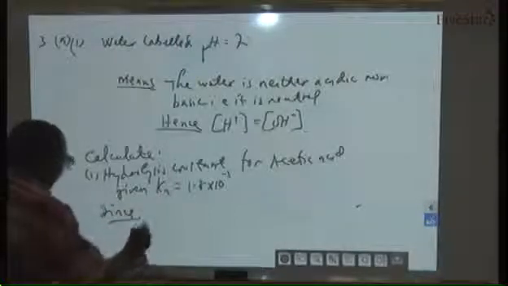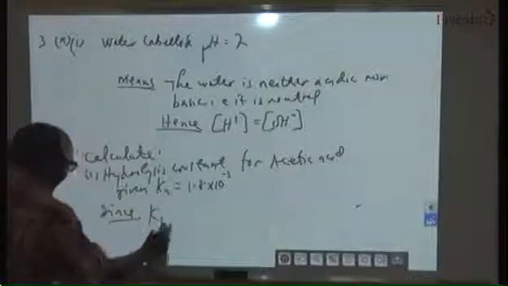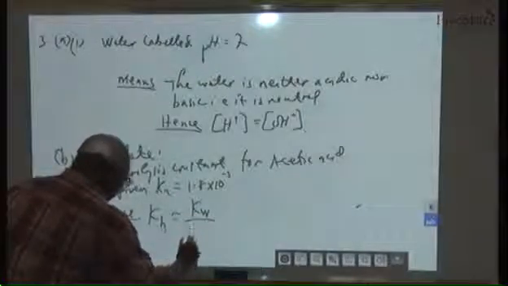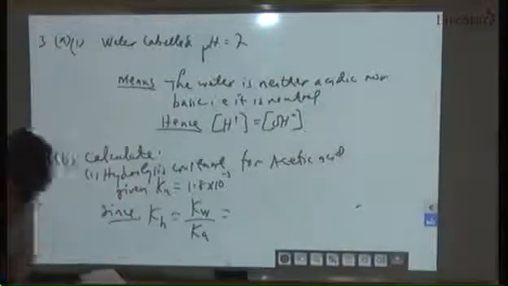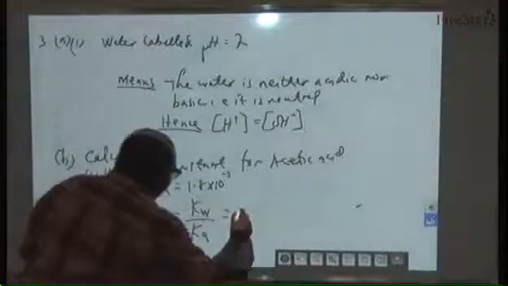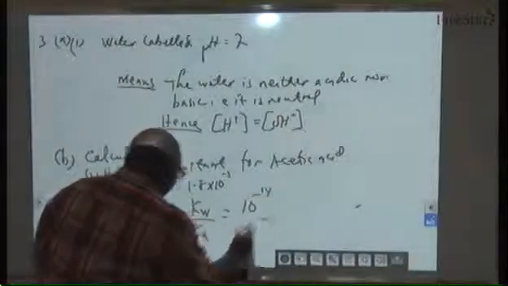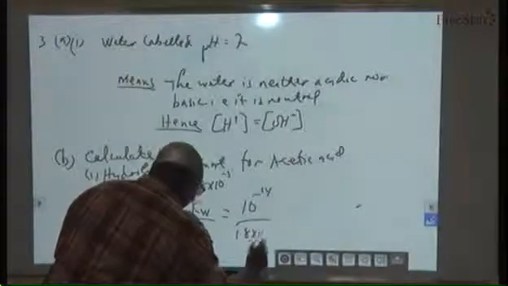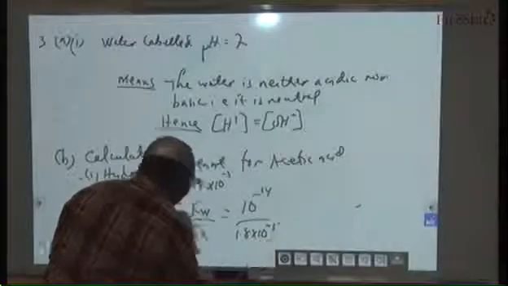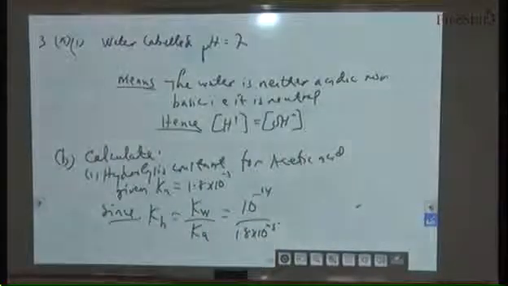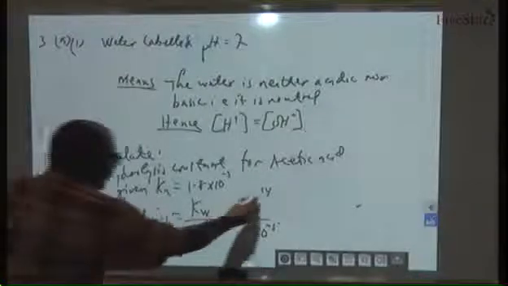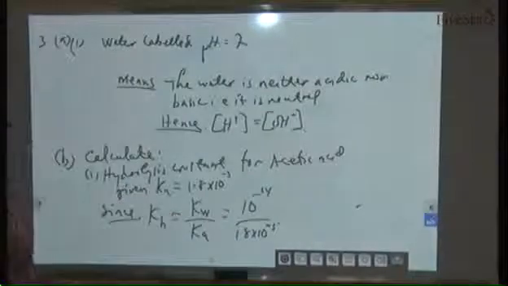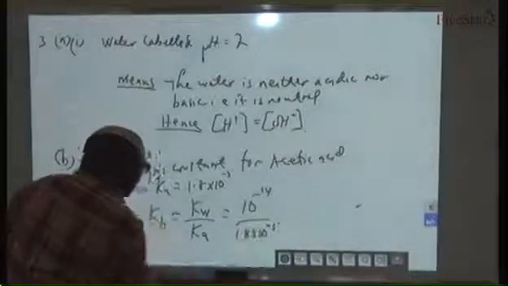Since hydrolysis constant is given as the ratio of Kw over Ka, and Kw is 10 to the power minus 14, which is a constant, and Ka is 1.8 times 10 to the power minus 5, which should be given.